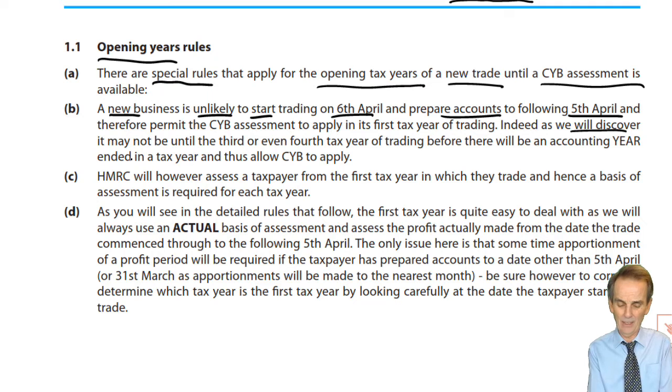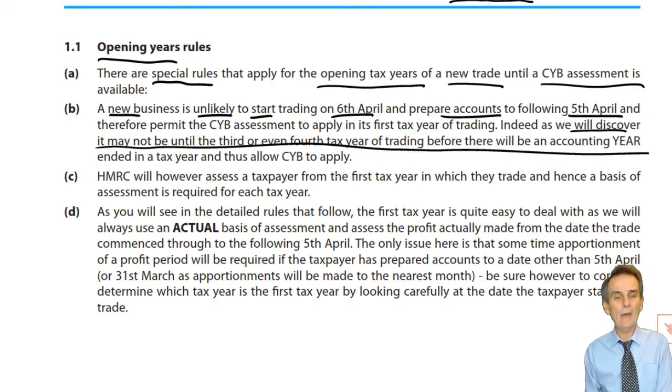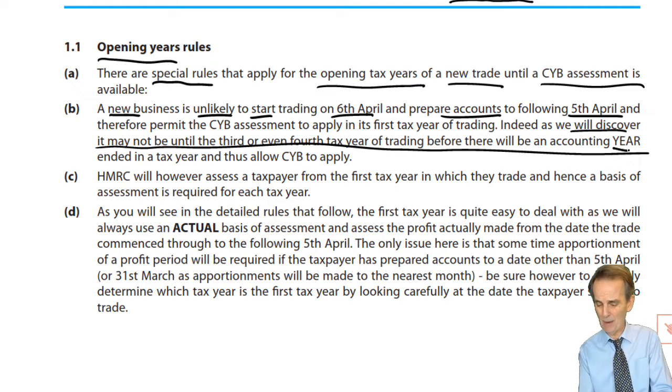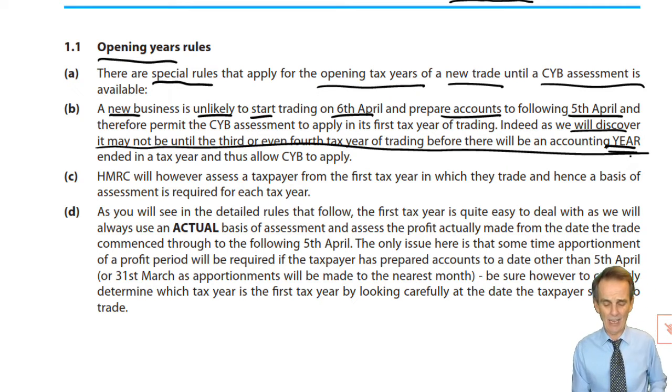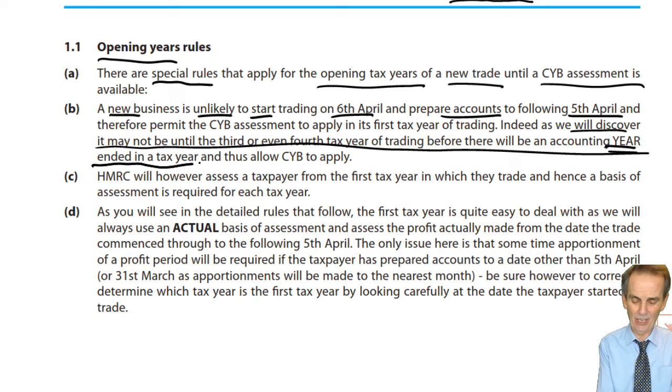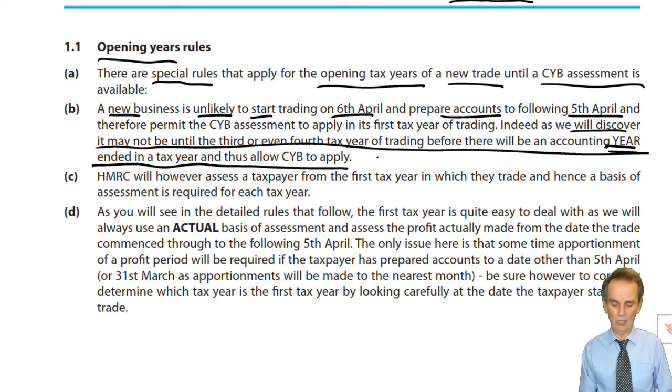As we'll discover, it may not be until the 3rd or even 4th tax year before we have CYB, before we have an actual accounting year. Again, remember, for CYB to apply, it is not just having an accounting date that ends in that tax year, it's having an accounting year that ends in the tax year, and thus allows CYB to apply.